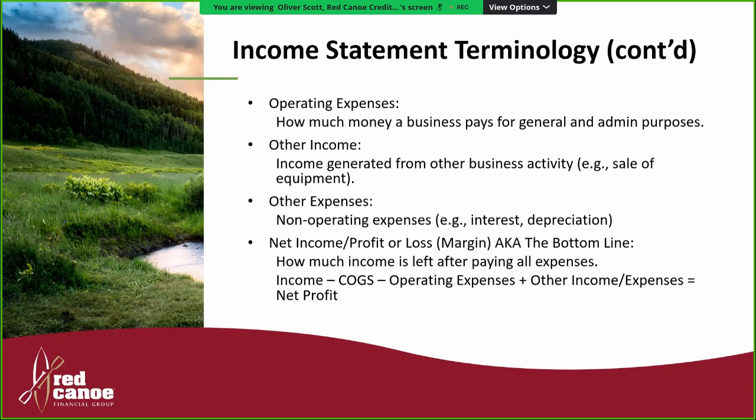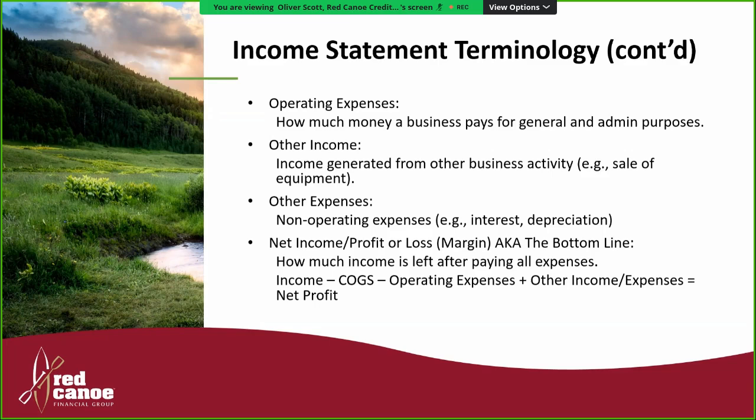I already mentioned other income. Other expenses are the same kinds of things: non-operating expenses, interest expenses, depreciation. And then you have net income, profit or loss. It's the bottom line. Everything else was above the line, COGS up.